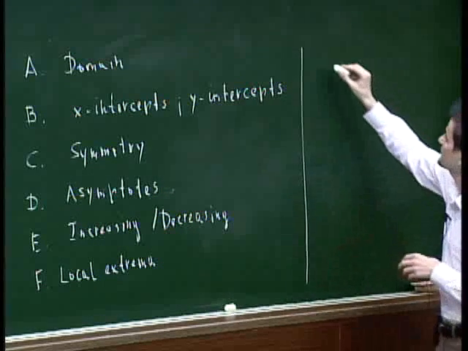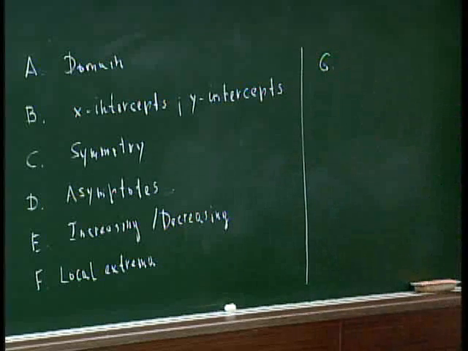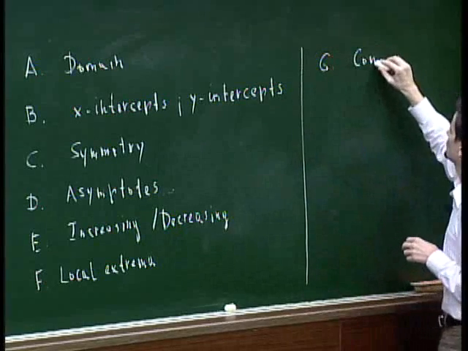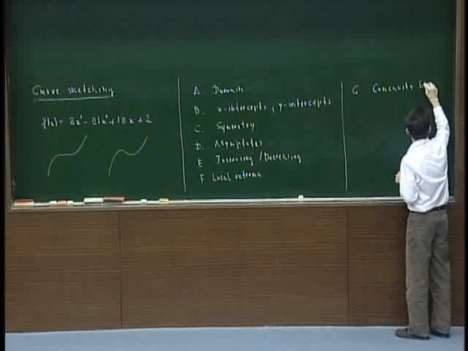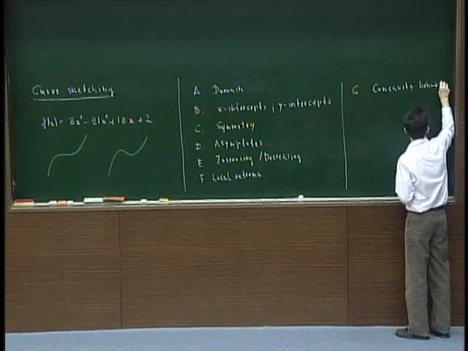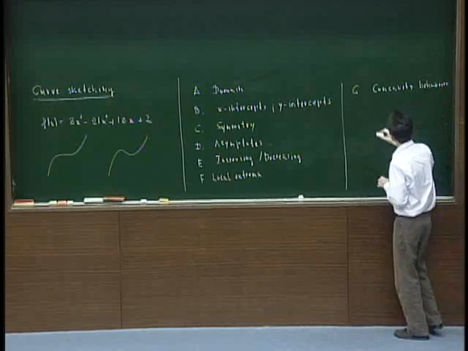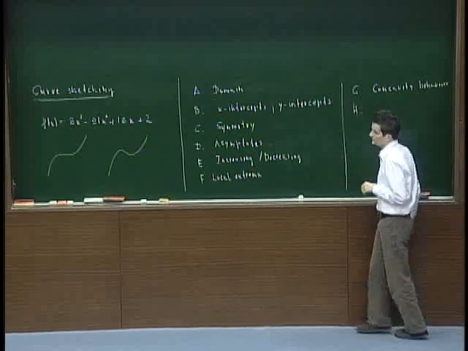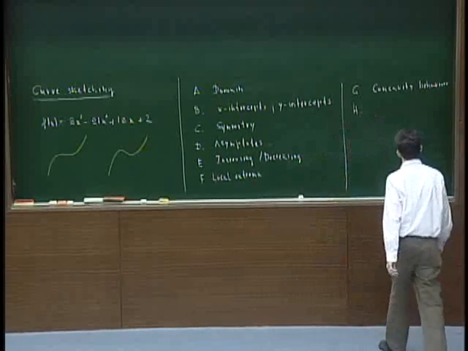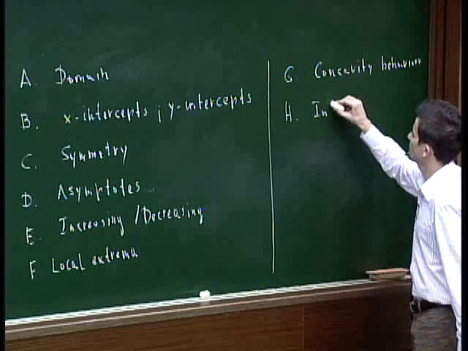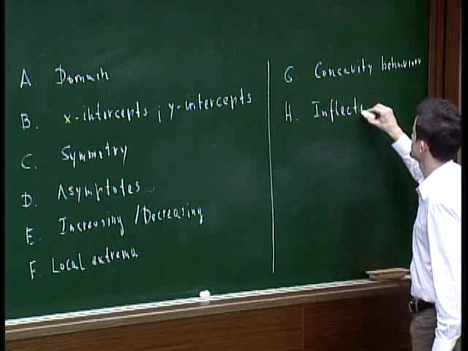Then we look into the second derivative and get information about the concavity behavior. And once we understand the concavity, we can determine whether there are inflection points or not.